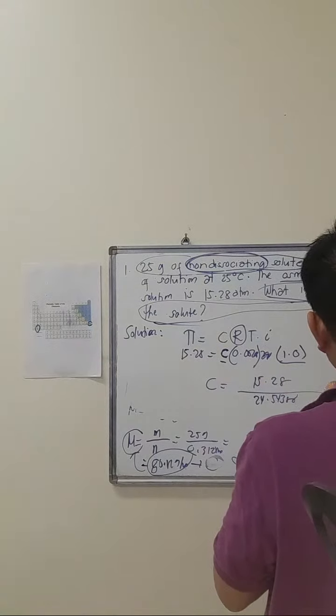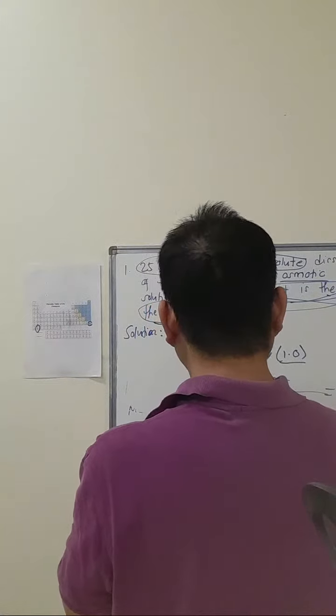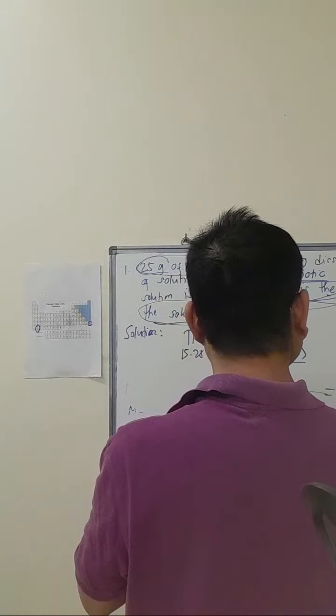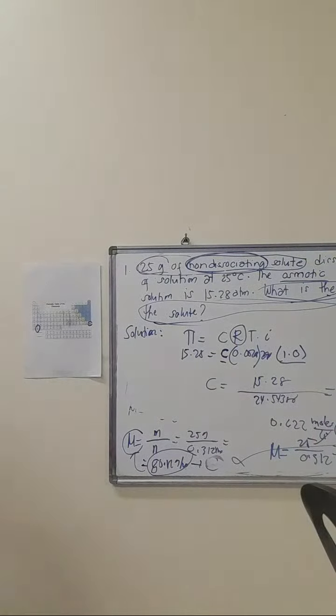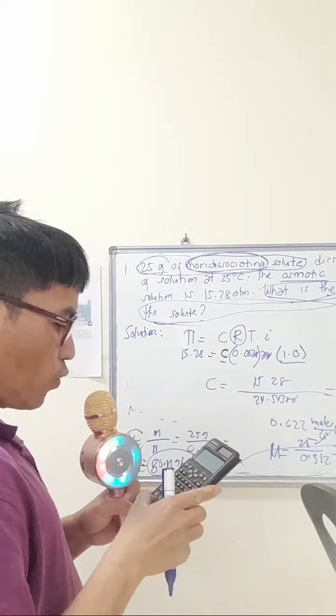If you have the moles, then compute for the molecular mass. We have the mass given, 25 grams, divided by 0.312 moles. So the molar mass is 25 divided by 0.312, which is 80.12 grams per mole.